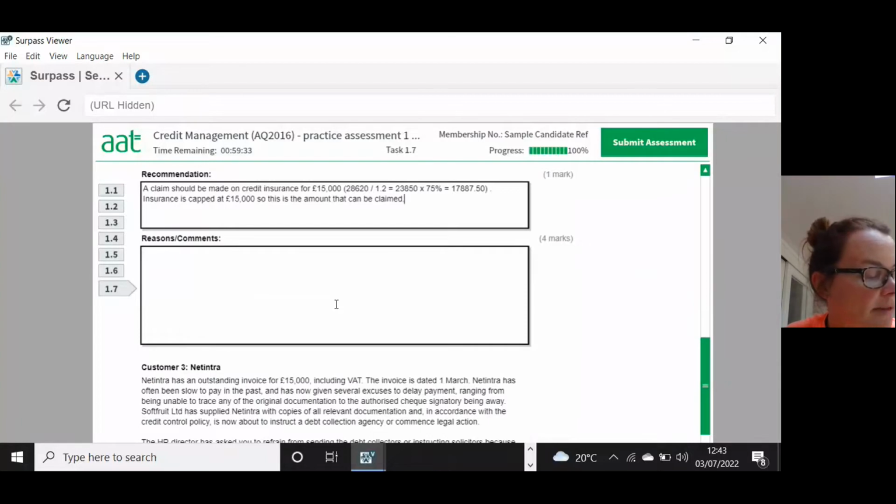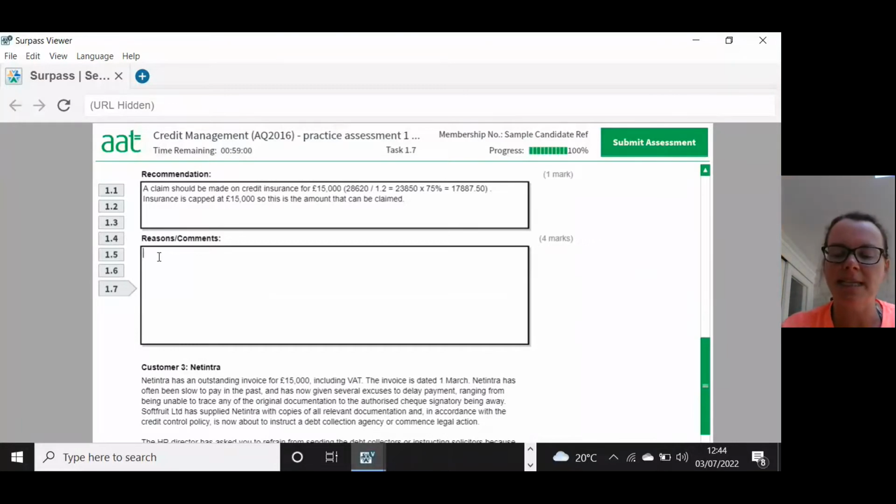They've also talked about other alternatives, which would be making an allowance or provision, reclaiming the VAT, contacting the receiver. But then it does make the reasons and comments a bit difficult, but I think, again, looking at their suggested answer, it's okay to talk about facts relating to the recommendations that you chose not to make. If that makes sense.